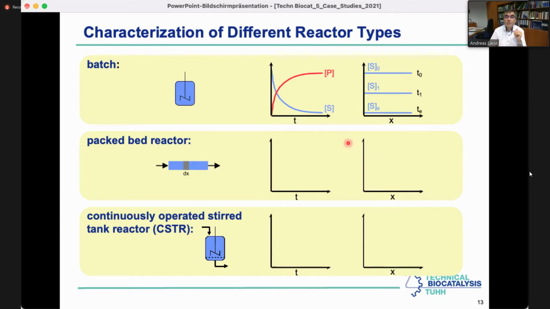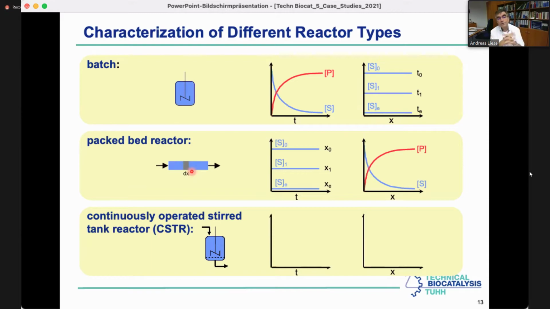In a packed bed reactor, the time axis is replaced by the length axis. So over the length of the reactor, we see consumption of the starting material and generation of the product. But at an individual length point, at a given time, we see constant concentration over all time at that specific point.